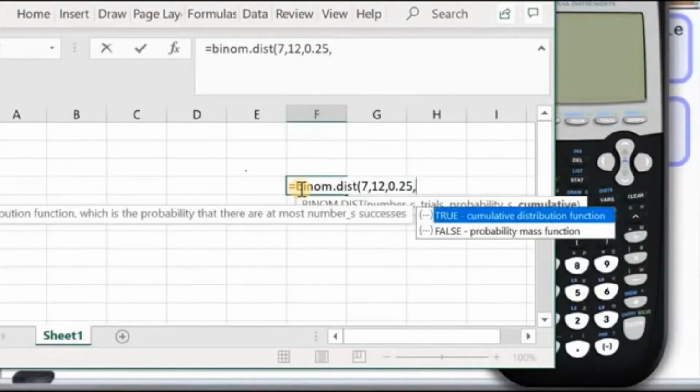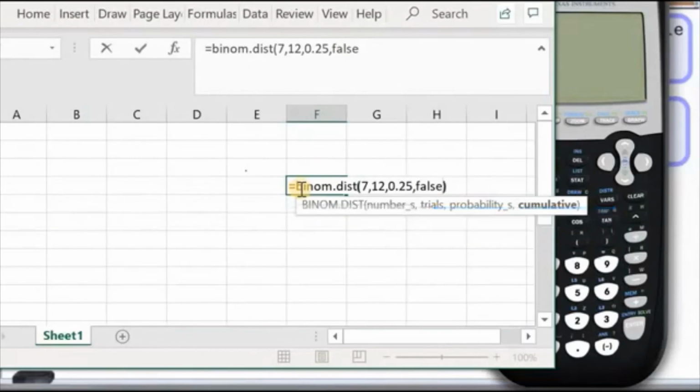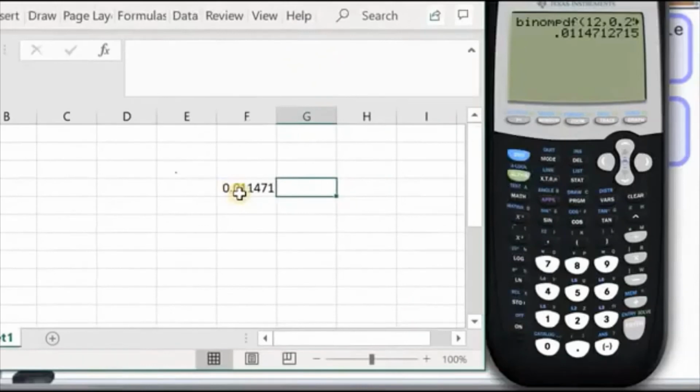For this one, we would be using FALSE, or you can also type 0, since we are trying to find the probability only at one particular point, which is 7. Then close your parentheses, then hit tab or enter. So here we got the exact same number using the calculator, using Excel, and also using the formula.